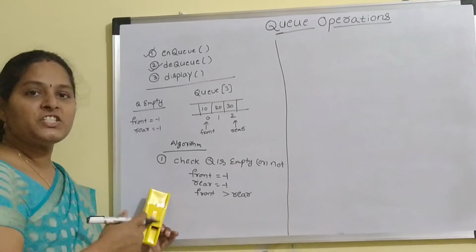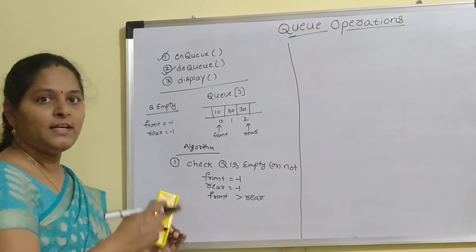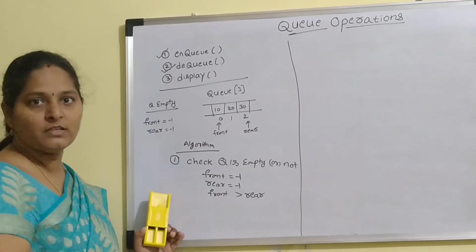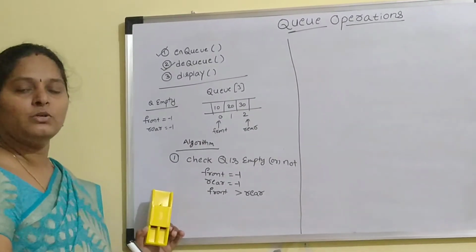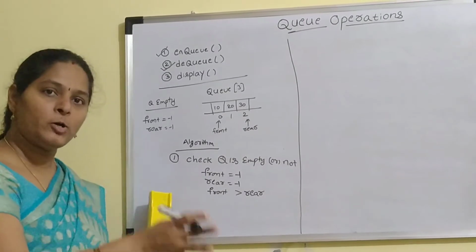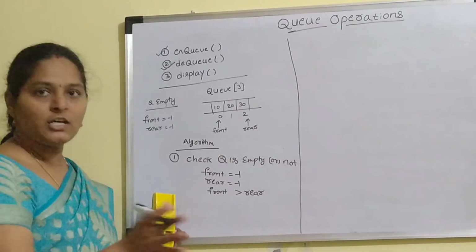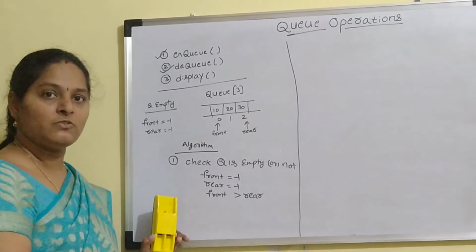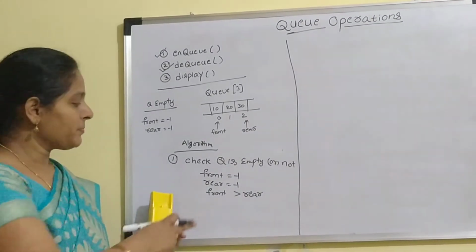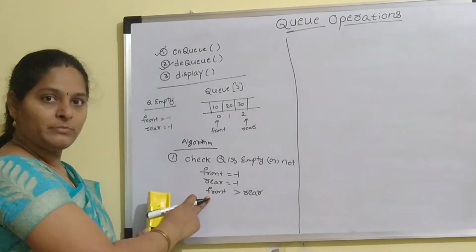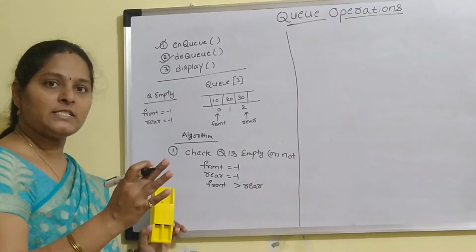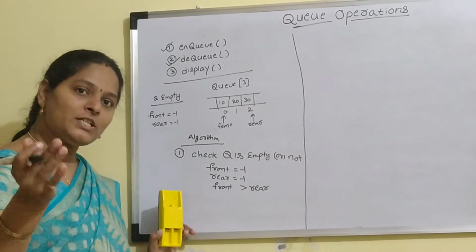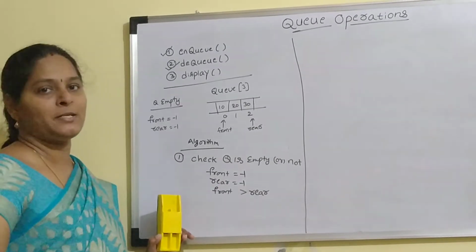So, how to check whether the Q is empty or not? If your front pointer is pointing to -1, that indicates that there are no elements in the Q. If there are some elements in the Q, definitely the front and rear pointers point to some locations. If there are no elements in the Q, the front pointer is -1 or the rear pointer is -1. Or suppose sometimes we have some elements, and after deletion of all the elements, in some situations the front pointer crosses the rear position.